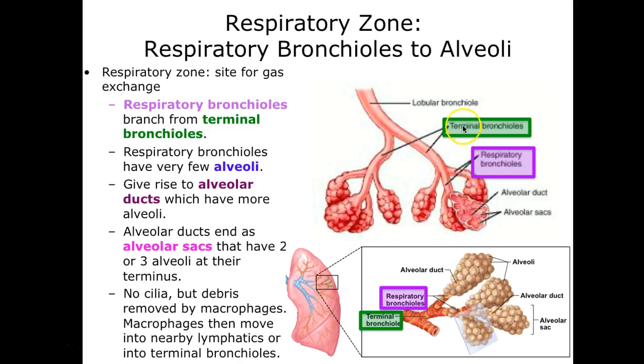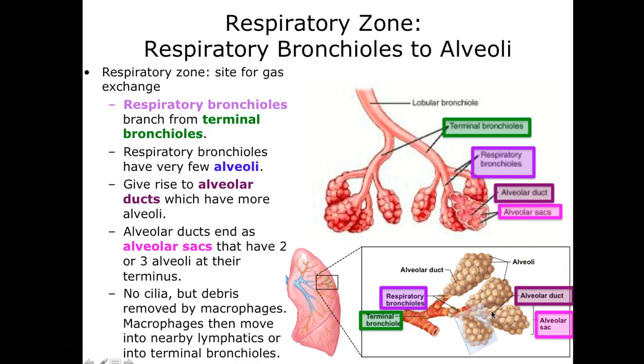These respiratory bronchioles are going to have a few alveoli, which the alveoli are the air sacs here. And we need to be in that area of the alveoli in order to allow gas exchange to take place. So from the respiratory bronchioles, we are going to see the alveolar ducts arise from there.